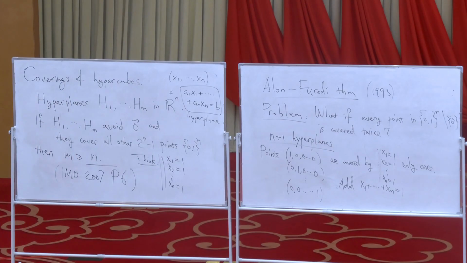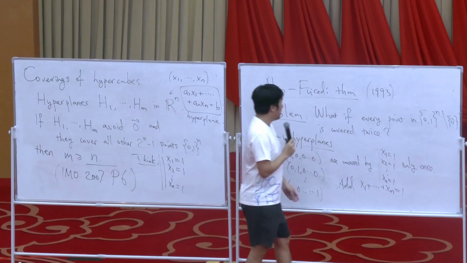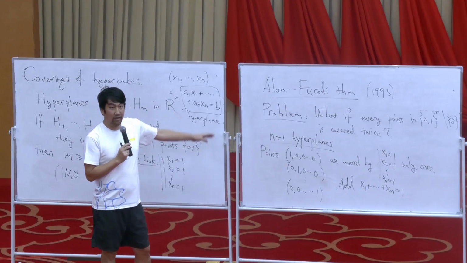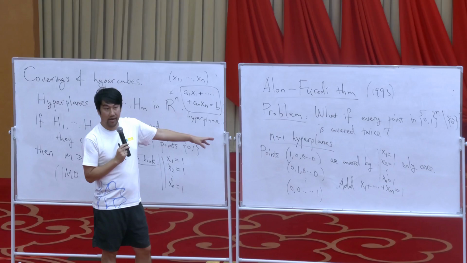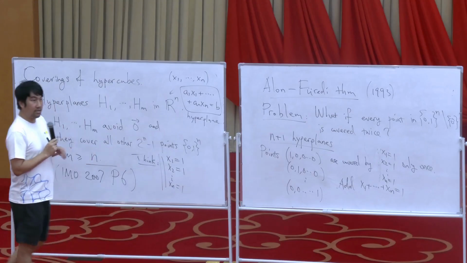And together you have n plus 1 hyperplanes that cover every point in the hypercube, but the origin, at least twice. Okay. Are we okay with the constructions? Any question about the construction? Okay.